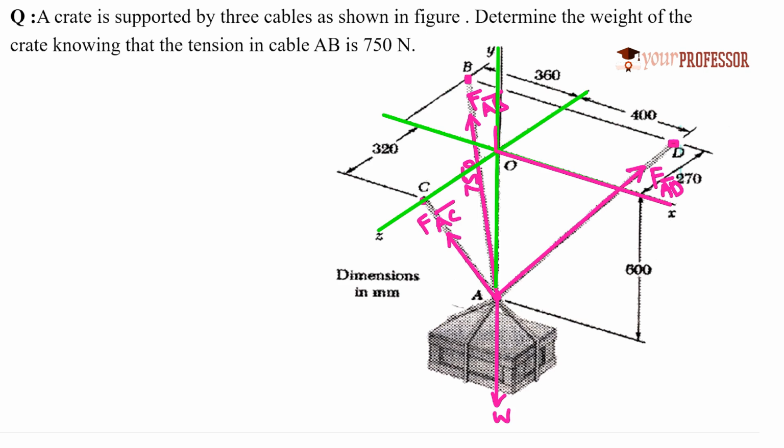From origin, if you travel in this direction, that will be considered as positive. From origin, if you travel in this direction, that will be considered as positive. So what I am considering is, from origin, if you travel in the given x direction or y direction or z direction, I am going to treat it as positive. In the opposite direction, I am going to consider it as negative.